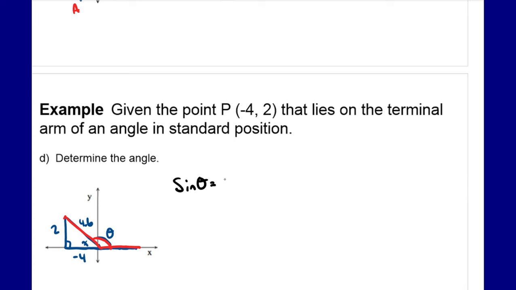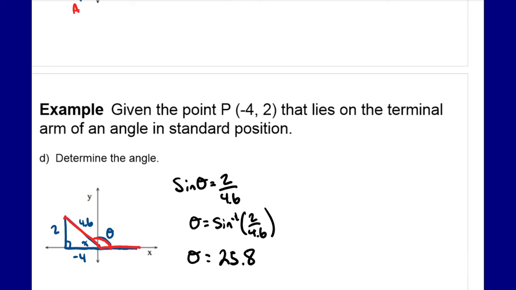So sine theta is equal to opposite over hypotenuse, so 2 over 4.6. Theta is equal to sine negative 1 of 2 over 4.6, and we end up with 25.8. Cosine theta is equal to adjacent, or negative 4, over hypotenuse, 4.6.